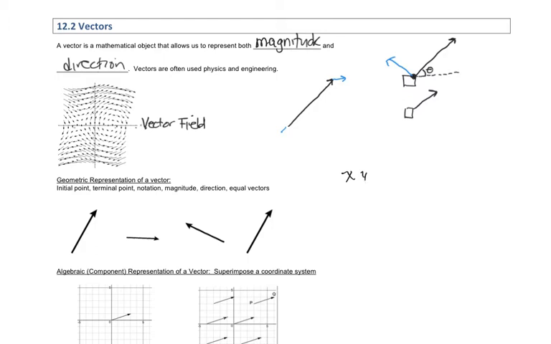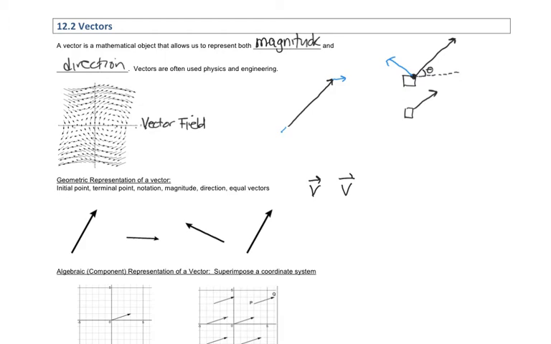It's a different entity. And so we want to label it differently. So the way we represent the idea that we are talking about a new entity is we put an arrow over it. Now I often do just the one-sided arrow because it's quicker, but that's vector notation. So anytime you have a vector, you're going to want to put the arrow over it so we know we're talking about a vector, not just a number.